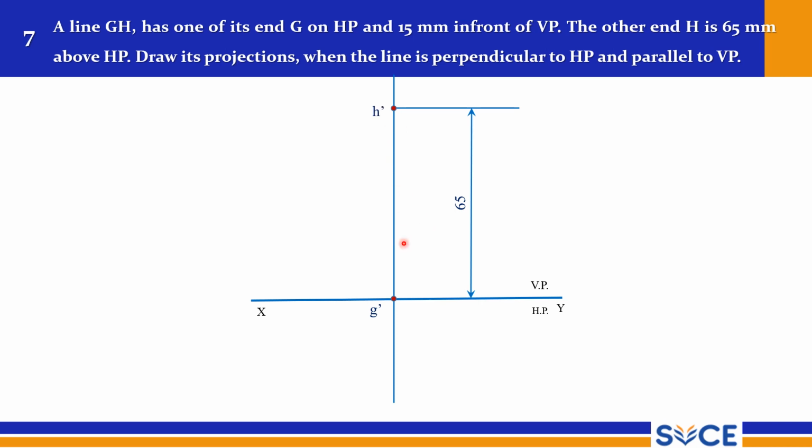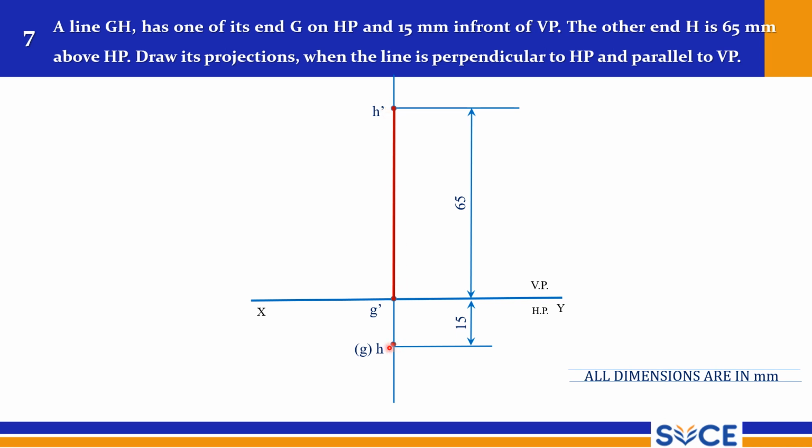So you are starting with a true length line, and this is 15 mm. This is GH, and G is invisible, so G should be within bracket, and H is visible and without bracket. So this is our front view and this is our top view.